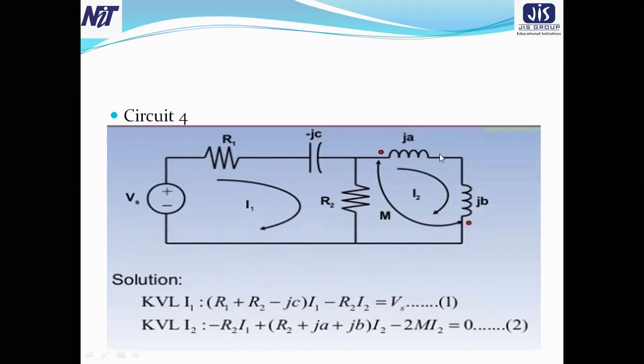So minus R2 I1, this is a problem, I1 is coming from the opposite side, in the opposite direction of I2, so minus. Then plus (R2 + jωLA + jωLB) I2, same direction, minus 2M I2, because this is in the opposite direction, so 2M I2 is coming for the inductance, equals 0.